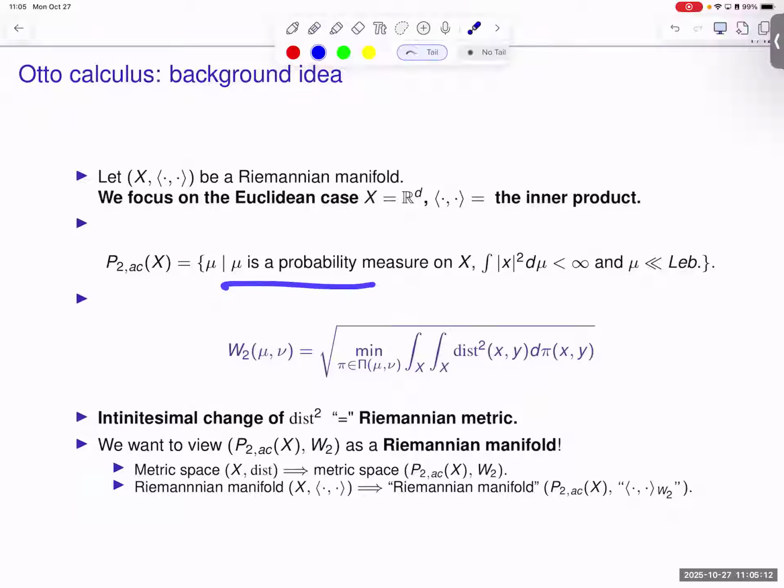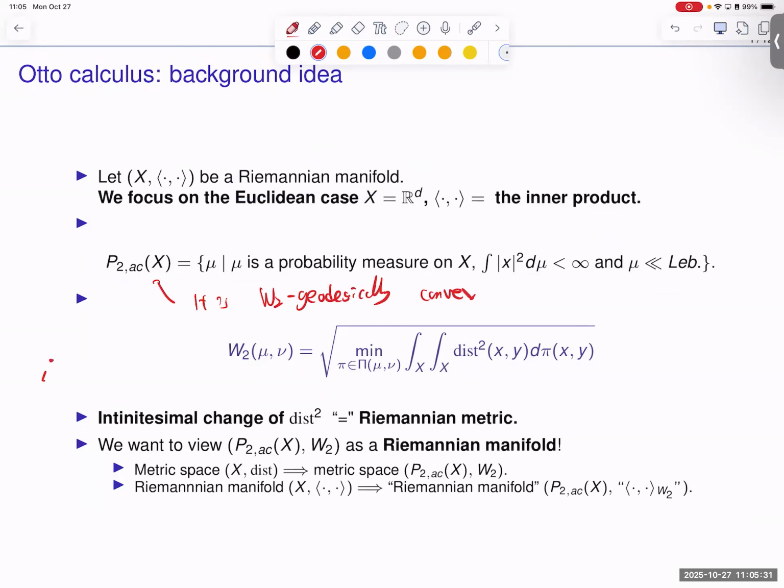And then we consider the space of probability measures with the constraint that the second moment is finite and absolutely continuous. And we learned that this space is W2 geodesic convex.